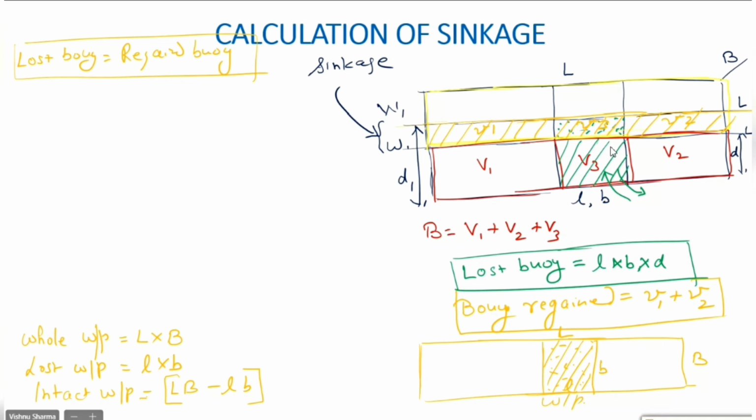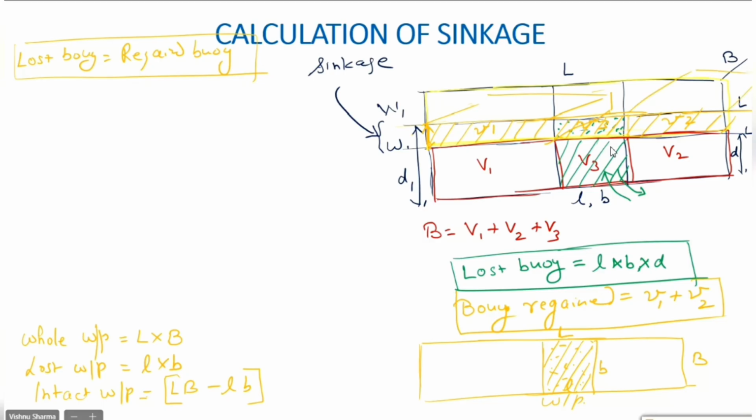Let's see what V1 is equal to. If this is sinkage, let us say this is sinkage, then V1 will be equal to what? The volume will be like this. Yes or no, beta? This volume will be like this, correct? Yes, sir. And this volume will be like this.